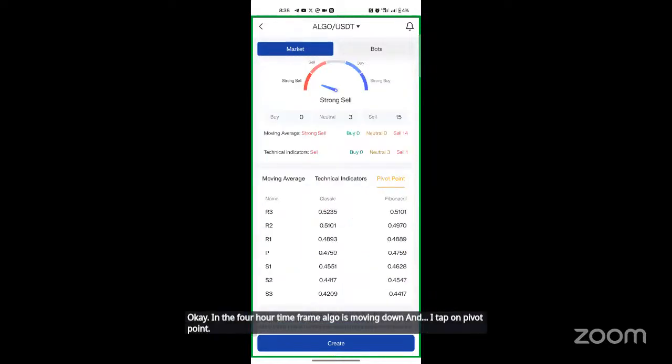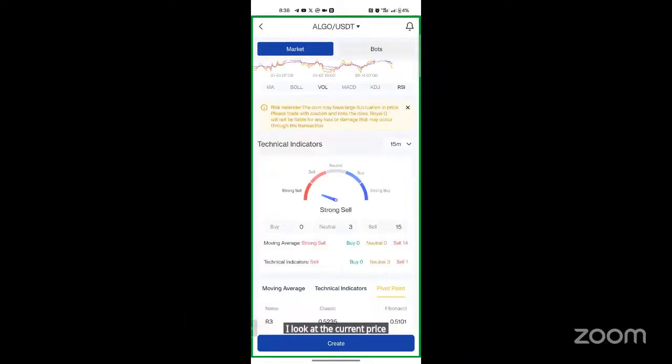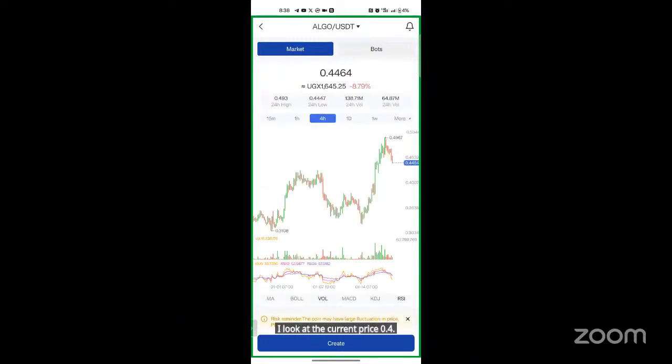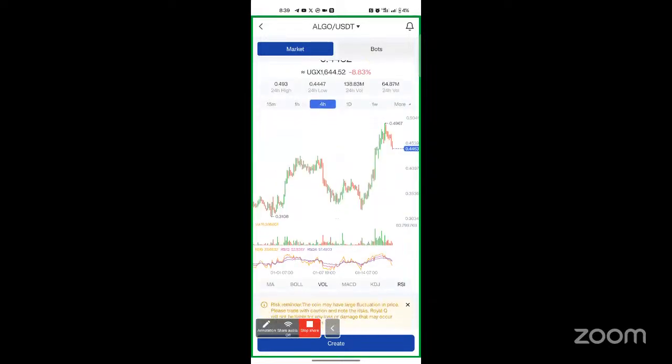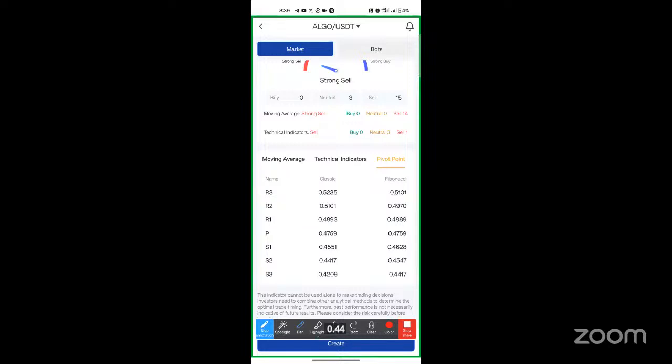I look at the current price, 0.444. The coin is above my resistance, 0.44, 0.446, 0.44.